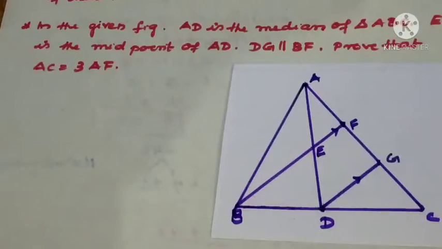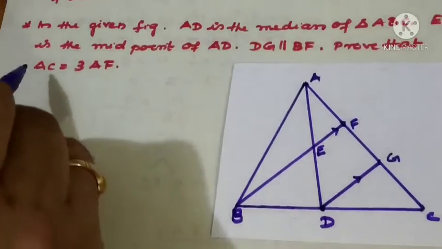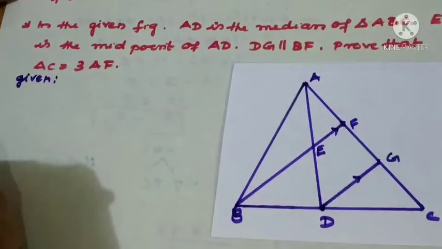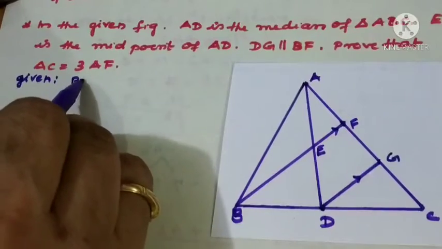In the given figure, AD is the median of triangle ABC. E is the midpoint of AD. DG is parallel to BF. Prove that AC equal to 3AF. Given: AD is the median, so BD equal to DC.